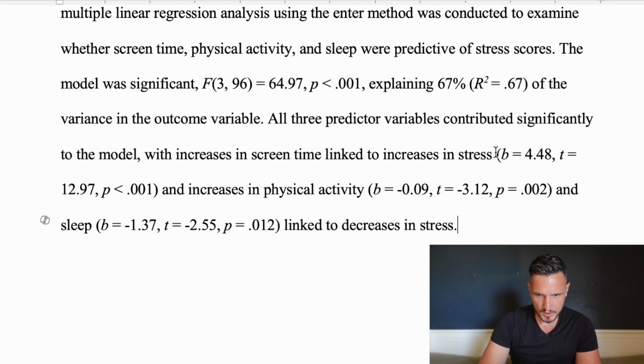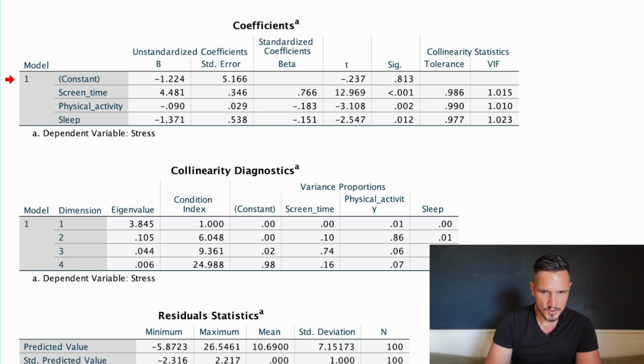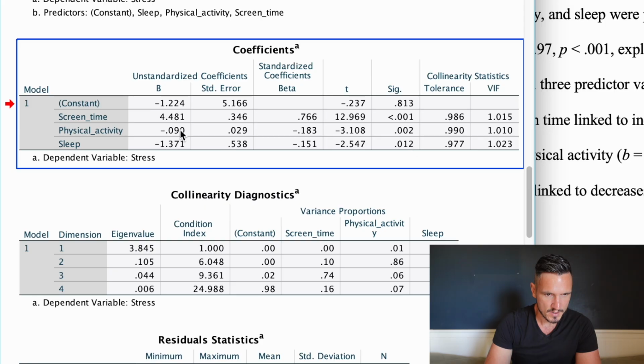And then for each of these predictive variables, we've reported the unstandardized beta value, a t value, and a p value. So let's take a look at this screen time variable, and we can see that we have a b value of 4.48, a t value of 12.97, and a p value of less than 0.001, and that should relate to what we have here. So we have this unstandardized beta value of 4.48.